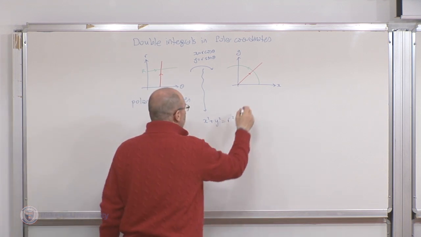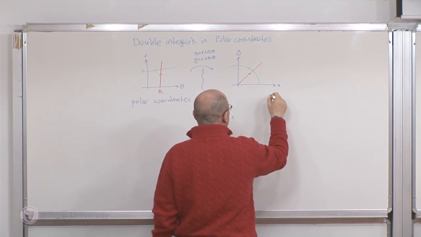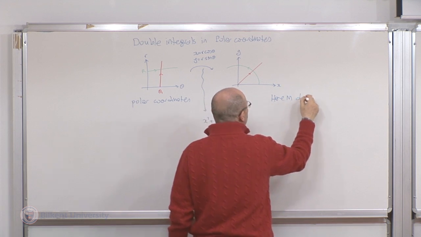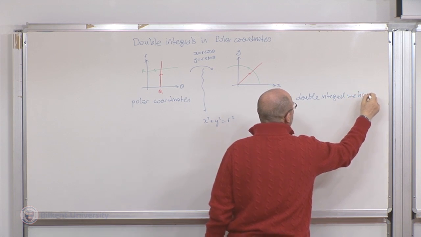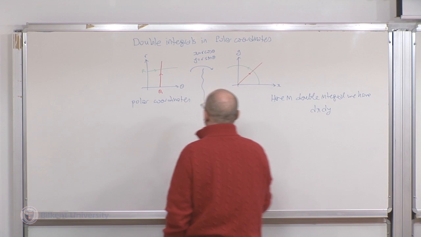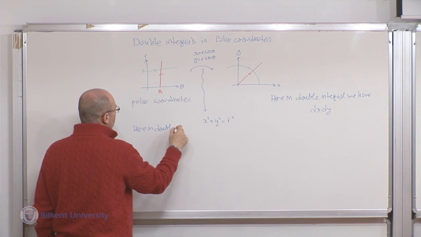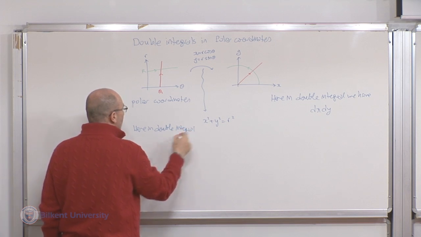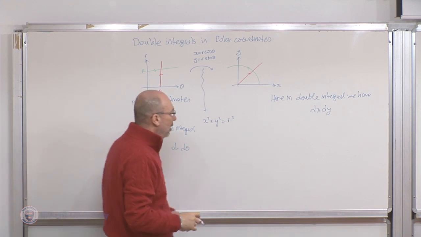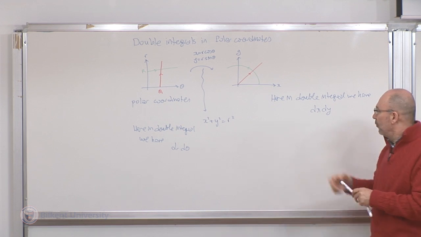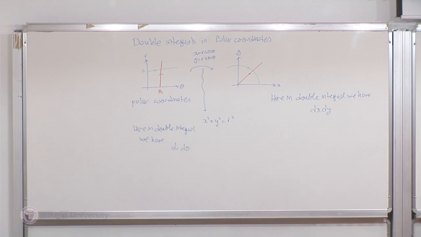The important thing is that in double integrals we have dx dy here, and here we have dr d theta. The first temptation is to take this and replace it by this, but it doesn't work like that. Let us see why.